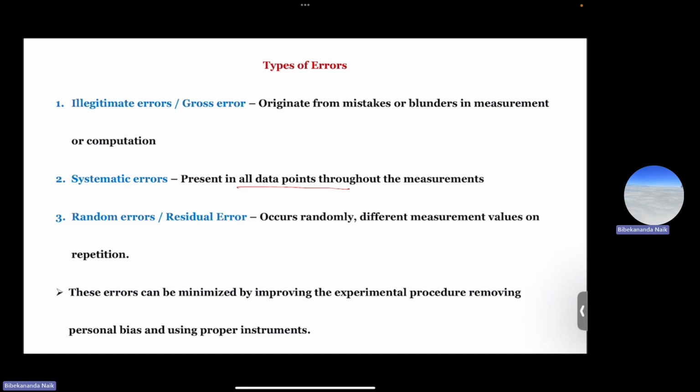Then the other is random errors or residual errors, that occur randomly and result in different measurement values on repetition. For example, you are throwing a ball and measuring the distance that the ball travels. If you apply different forces, the distance traveled by the ball will change.